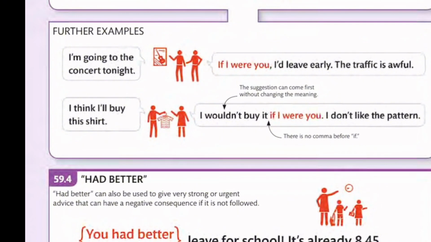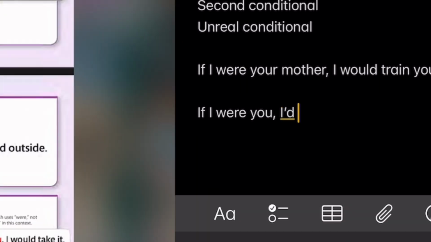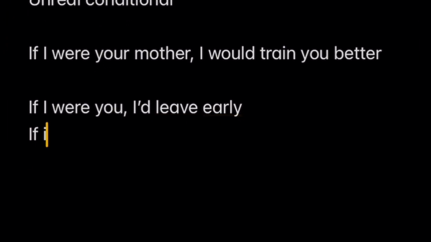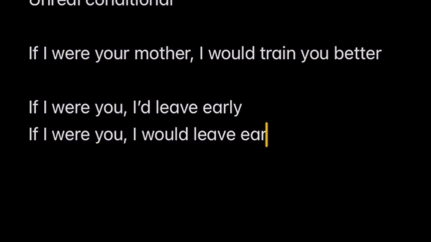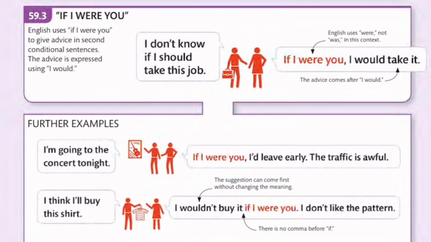Imagine you see something like that: if I were you, I'd leave early. You can say it, not knowing that it's the same thing as saying, if I were you, I would leave early. And it's expressing an unreal condition.